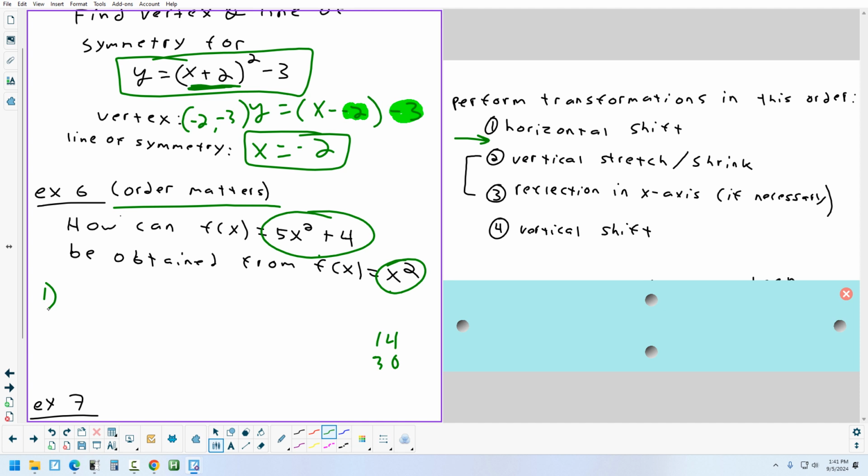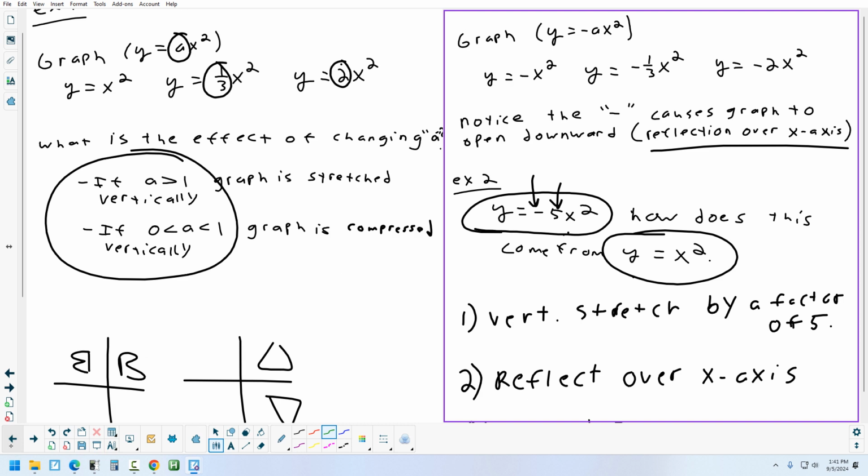So it's got to be one of the things we wrote down. Is it a horizontal shift left, horizontal shift right, vertical shift up, vertical shift down, vertical stretch? What is that 5? It's like the vertical stretch. That's a vertical stretch, yep. When you put a number in front of x squared, in this case it's a 5. We did a 2, but when you do a 5, it's going to stretch the graph.